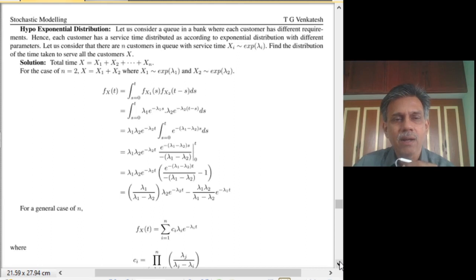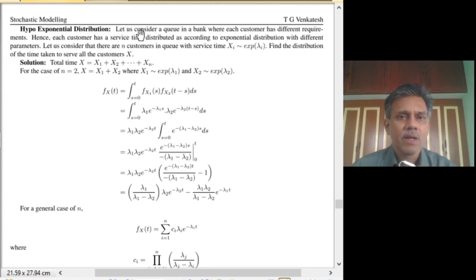So it will be a sum of non-identically but independently distributed random variables. In case it is exponential, that is what we are interested in, and we will give a name for it. We will call such random variables hypo-exponential random variables, and the corresponding distribution as hypo-exponential distribution.